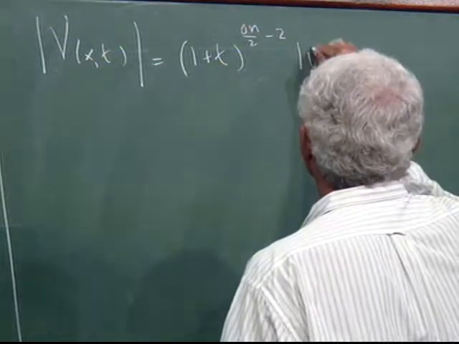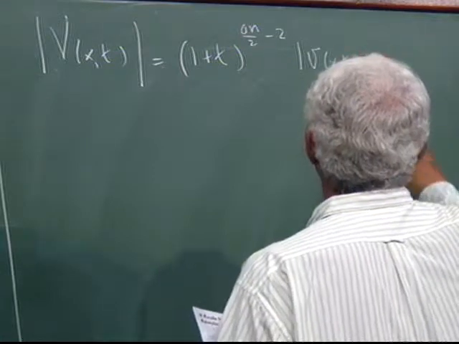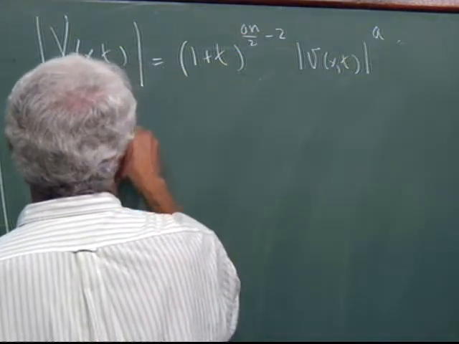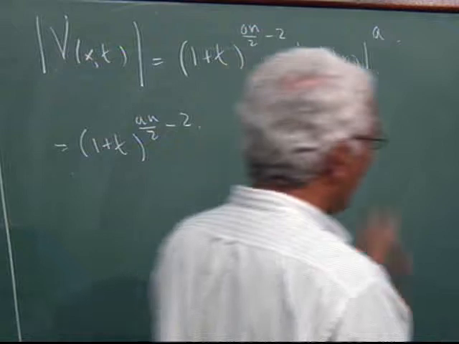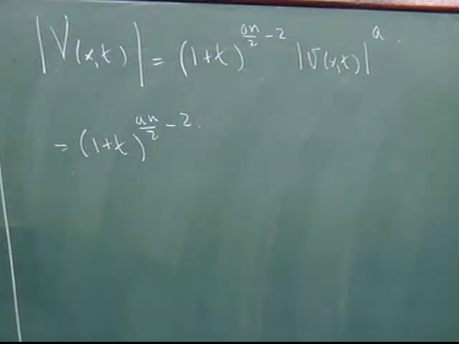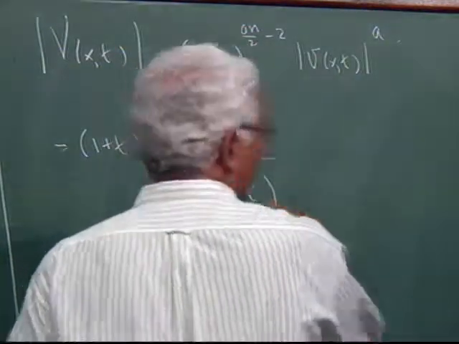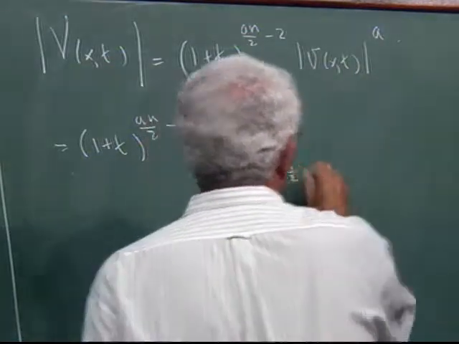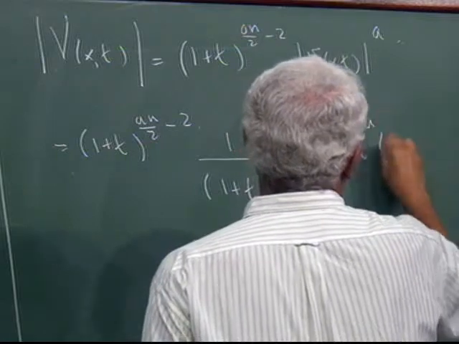B of x, t, to the power a, and that is equal to 1 plus t a n over 2 minus 2. This power a of this is going to give you 1 over 1 plus t. Power a of that is going to give you a n over 2 minus 2, q of a of x.